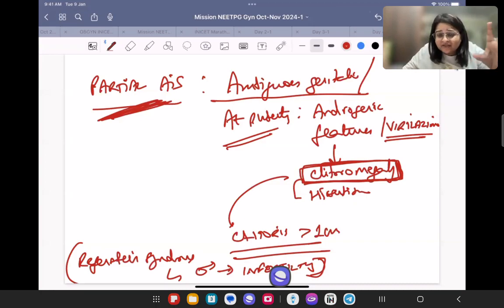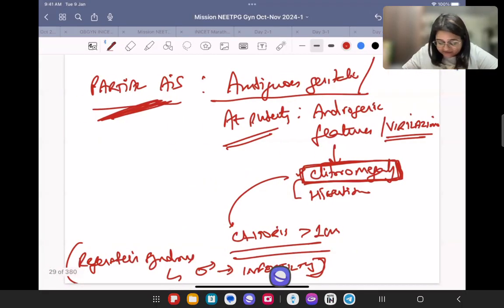But remember, it is always easier surgically to convert the genitalia to female than to make it male. So whenever you have ambiguous genitalia at birth, or a person at puberty developing clitoromegaly, the plastic reconstructive surgeries are easier if you want to make them female compared to male.